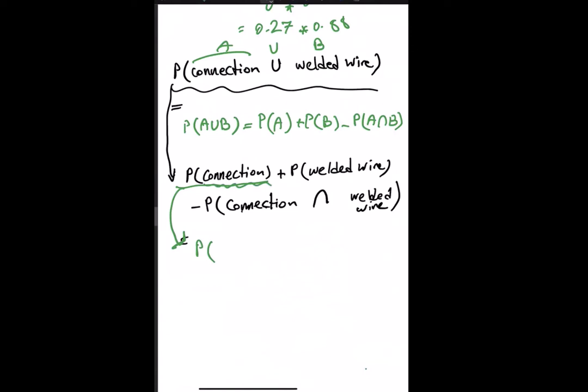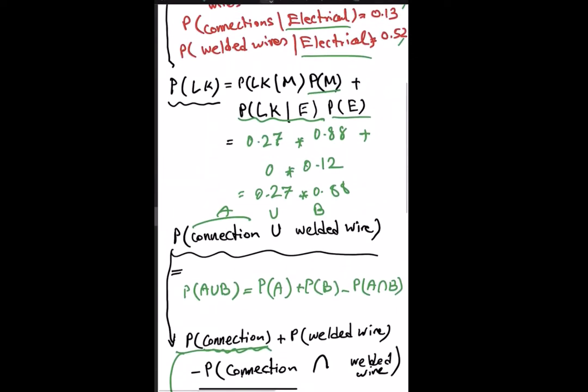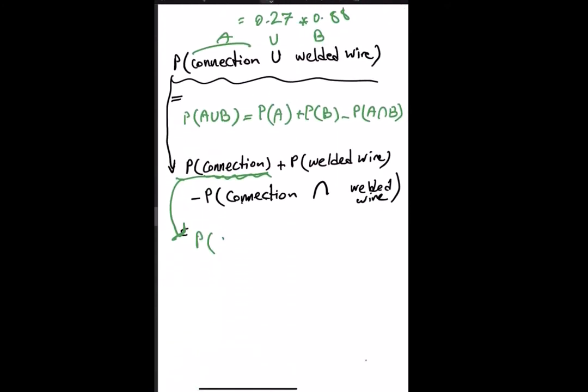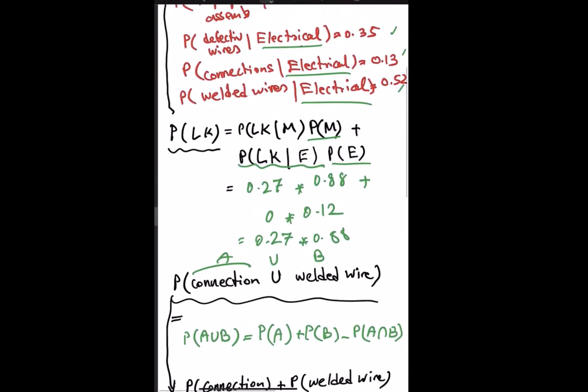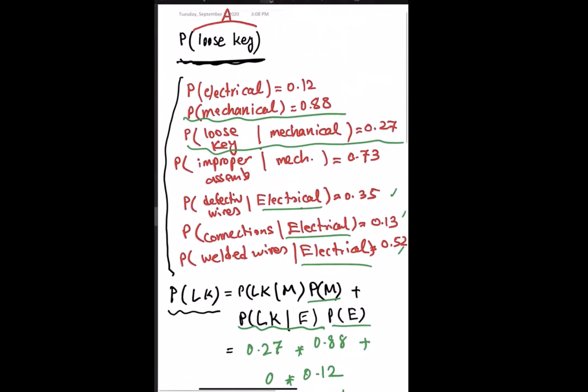How do you write that? Probability that the error is because of connection. Guys, how do you write this? We want to write it based on whatever we have in the problem statement.